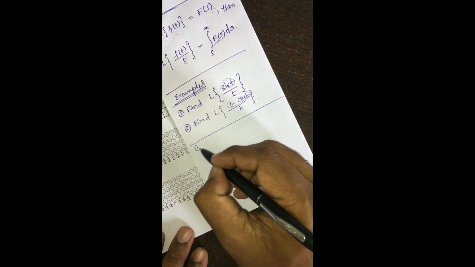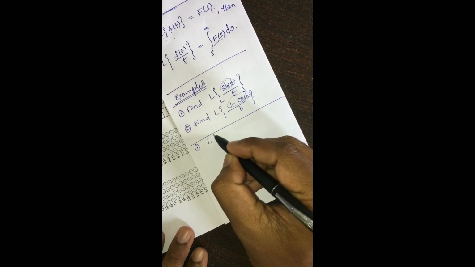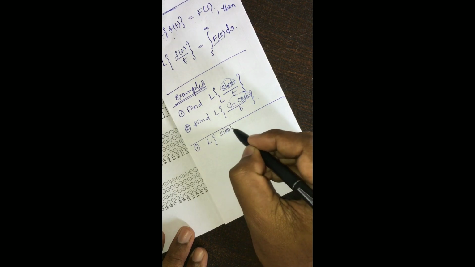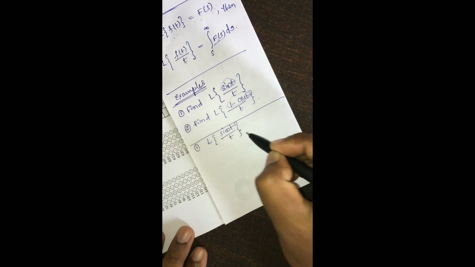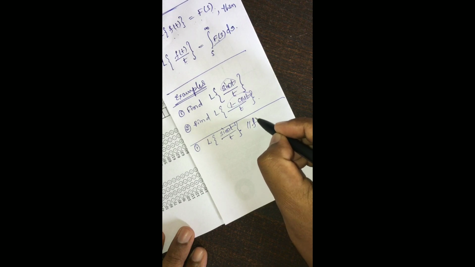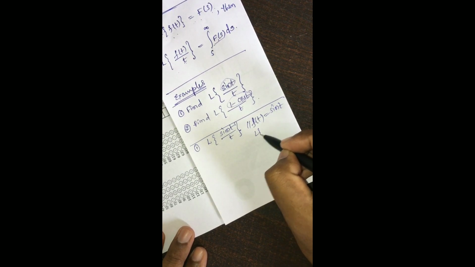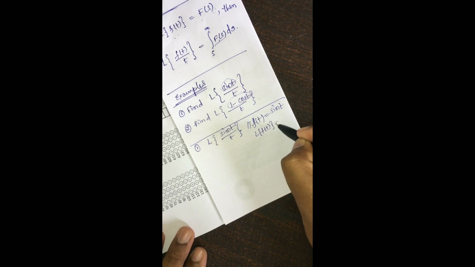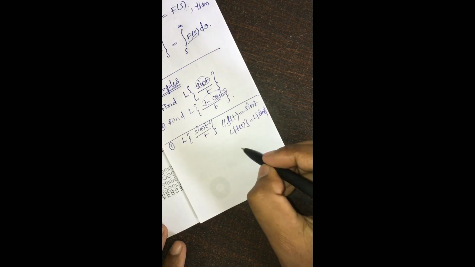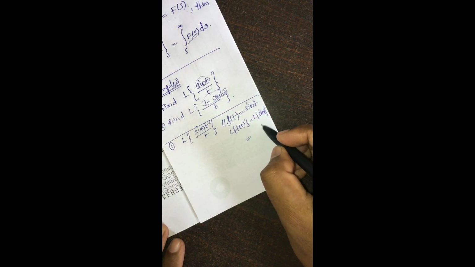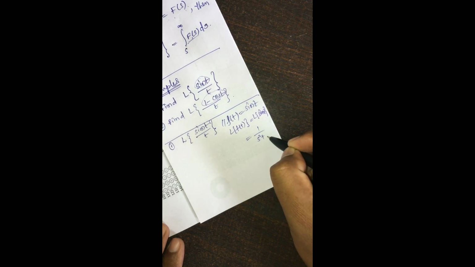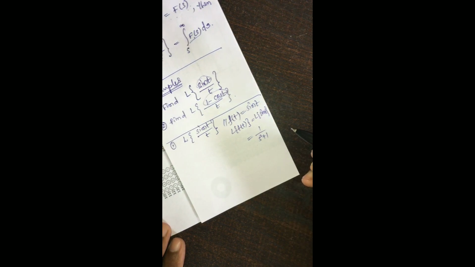I am taking one example for you. The given is sin t by t. In this, f of t is sin t. So the Laplace transform of f of t means the Laplace transform of sin t. What is the Laplace transform of sin t? That is 1 by s square plus a square, here a is 1.